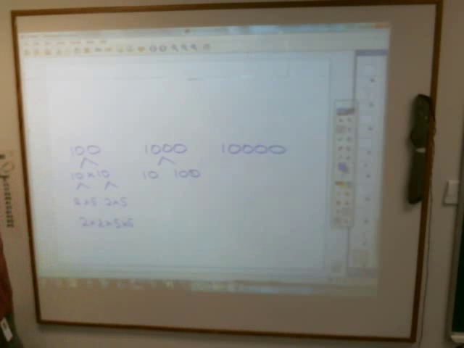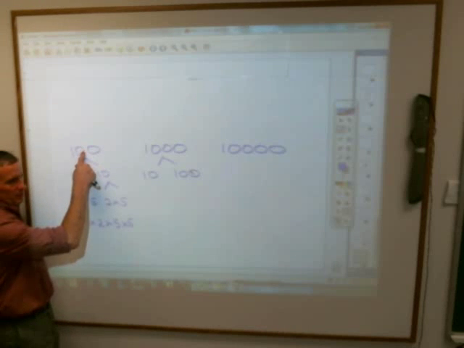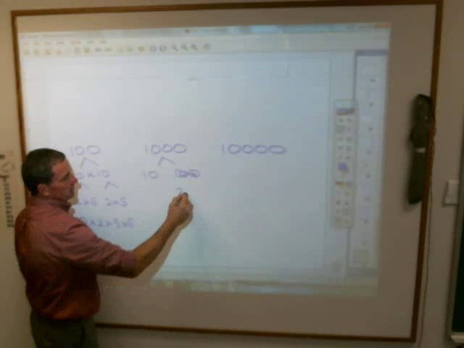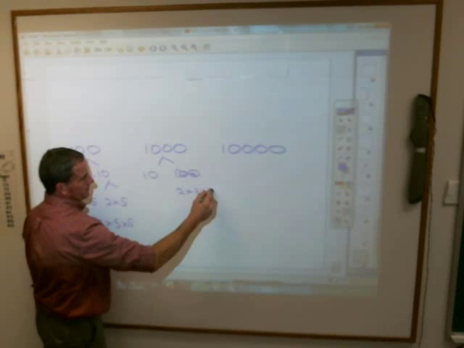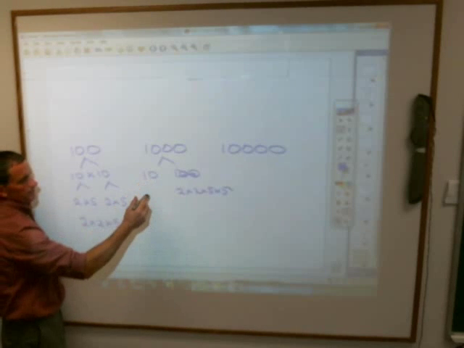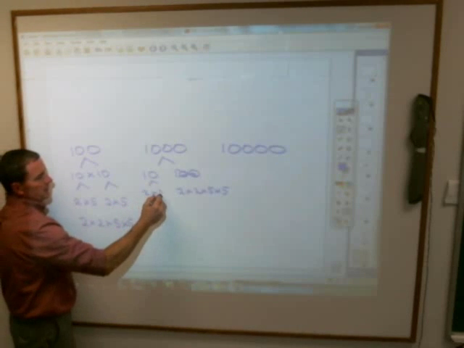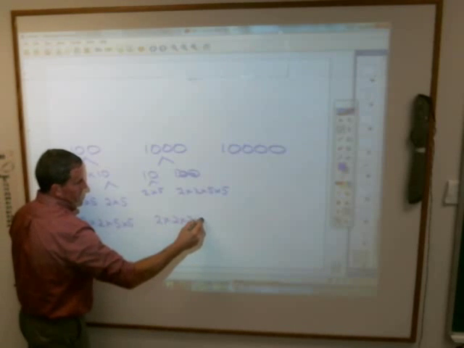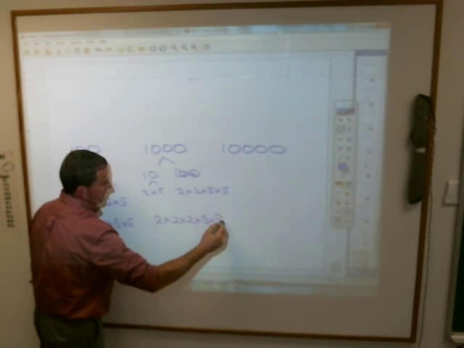Now the beauty of this, children, is once you've prime factorized a number, you don't really have to do it all over again. I prime factorized 100 already and got this, so I could just say, okay, 100 is 2 times 2 times 5 times 5. No need to reinvent the wheel. What is 10? 2 times 5. So guess what you get? 3 2s times 3 5s.